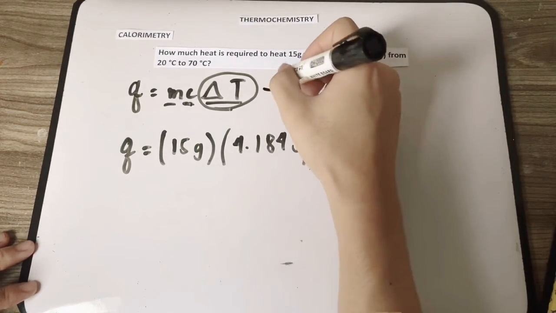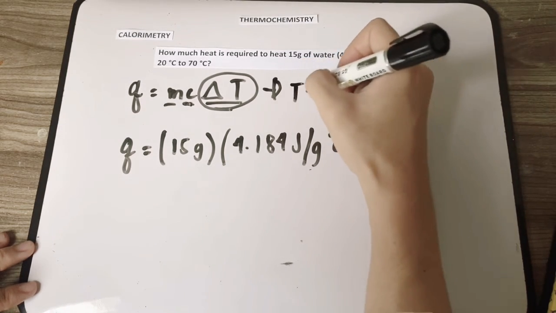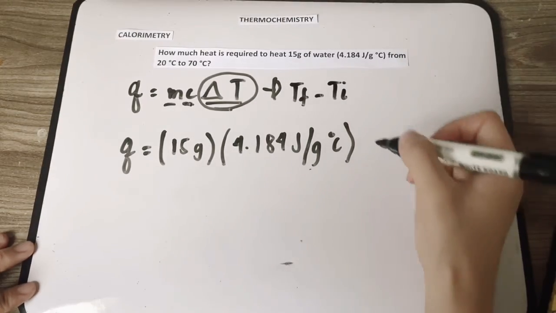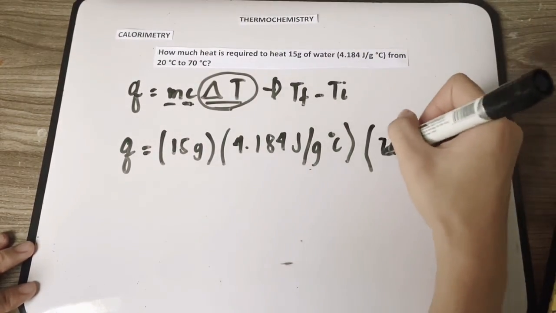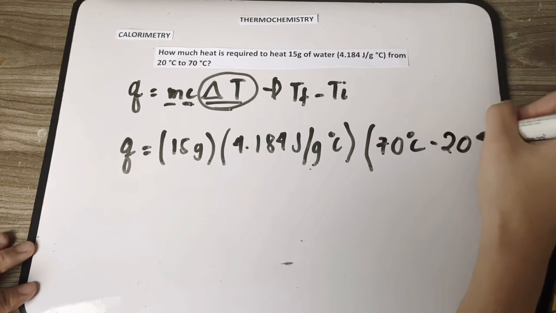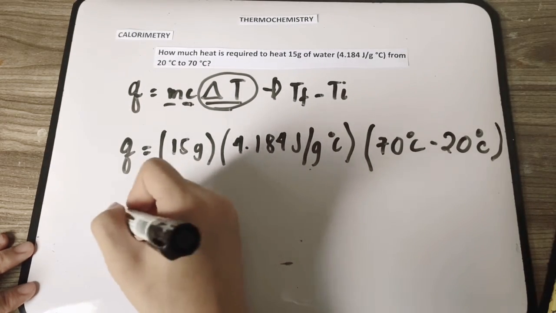So delta T is the final temperature minus the initial temperature. So our final temperature here is 70 degrees Celsius and our initial is 20 degrees Celsius. So we're now going to solve this.